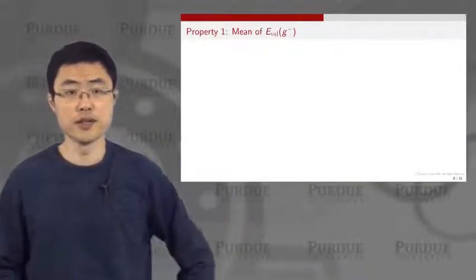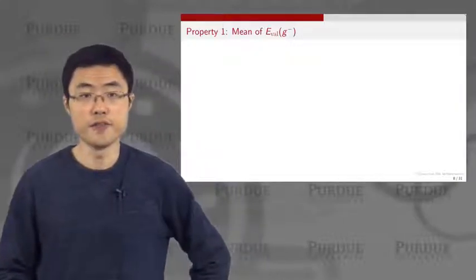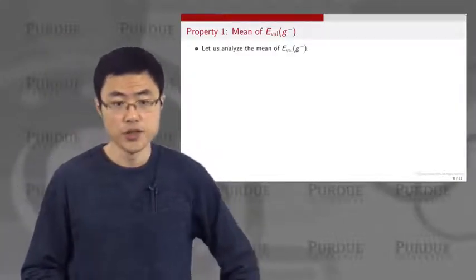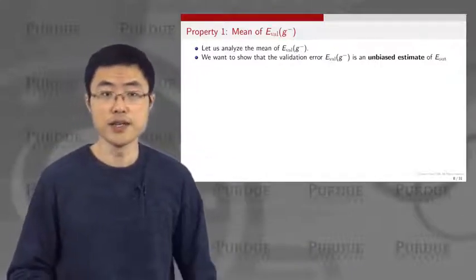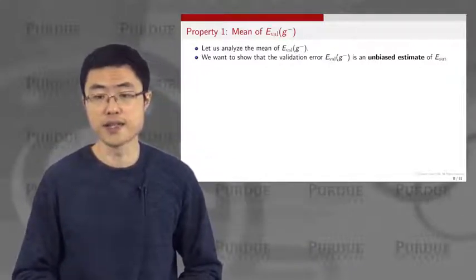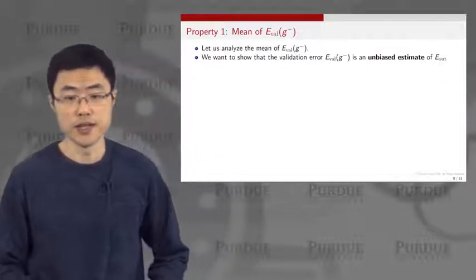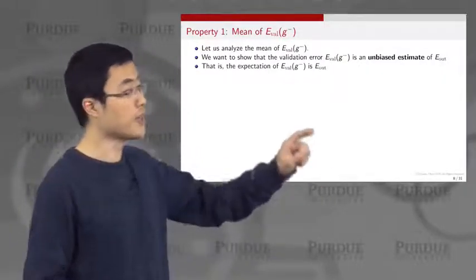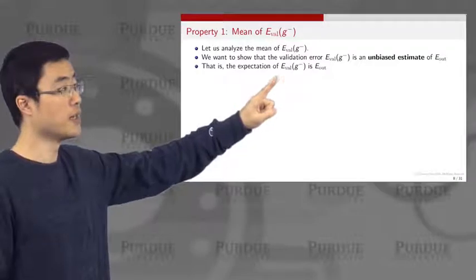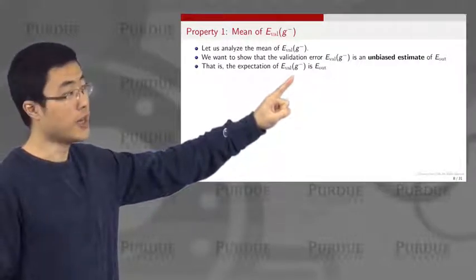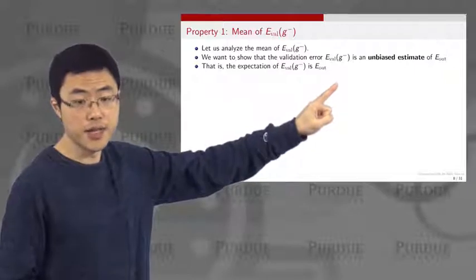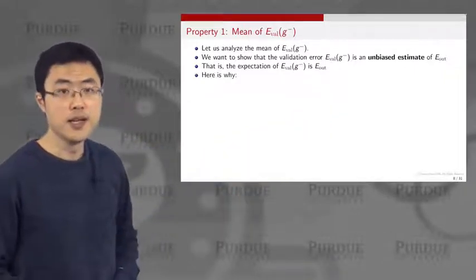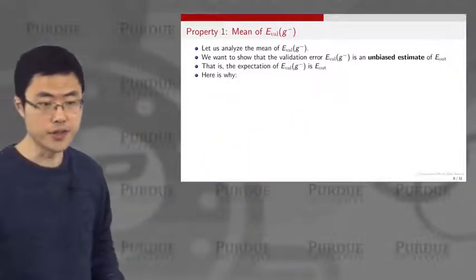So let's first look at the mean of the validation error. We want to show that the validation error is actually an unbiased estimate of the outsample error. In other words, if I take the expectation of my validation error, I'm going to get the actual testing error, the outsample error. Let me show you why this is indeed the case.